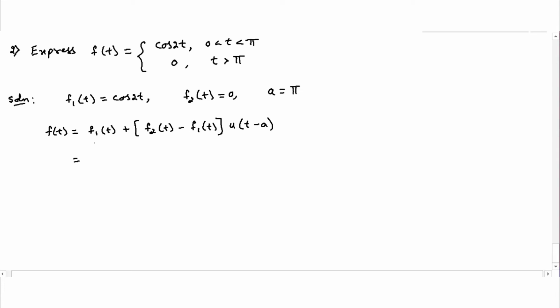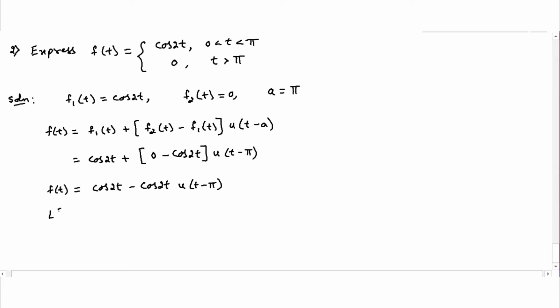So just plug in the values of f1 of t. f1 of t is cos 2t plus f2 of t is 0 minus f1 of t is cos 2t, times u of t minus a, where the value is pi. So if you try to rewrite this, this will be cos of 2t minus cos 2t into u of t minus pi. So we have expressed it in unit step function. Now take the Laplace transform.